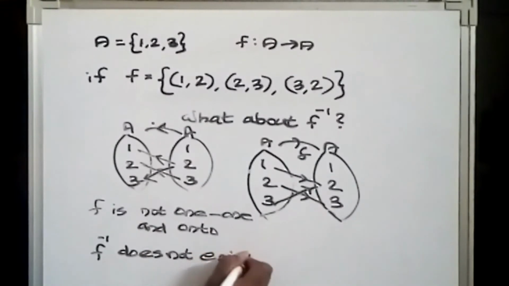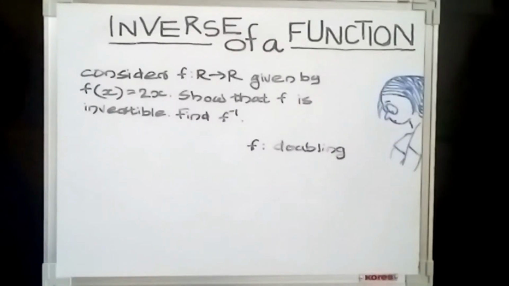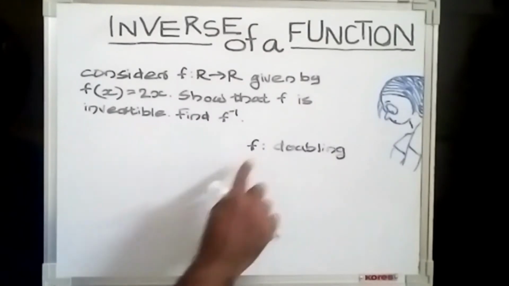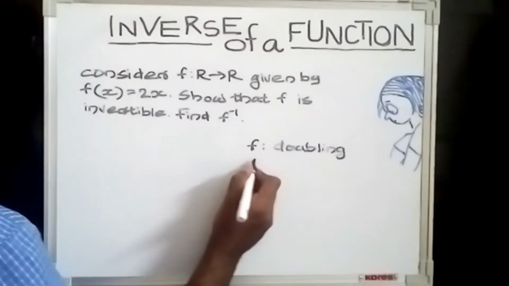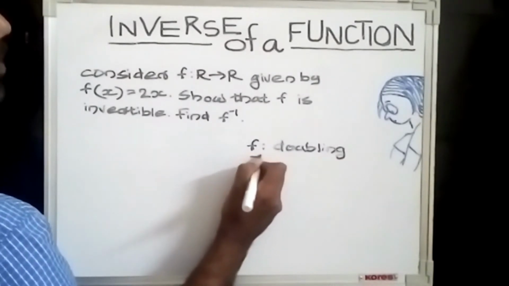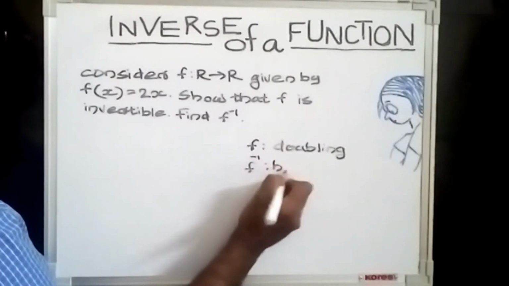Thus, for F inverse to exist, the function should be both one-one and onto. Here, F inverse does not exist. We have already mentioned that if F is the action of doubling, then its inverse activity is halving, making half.